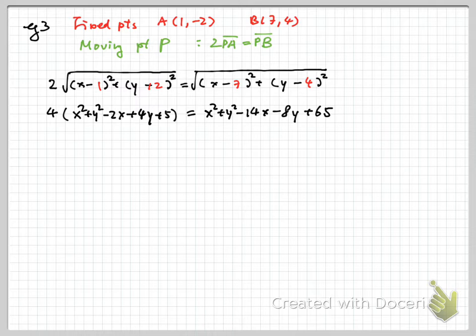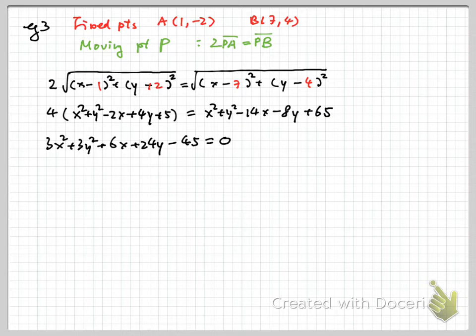The only difference now is this is multiplied by 4. So we can collect all the x squared, y squared terms, etc. So we have 3x squared plus 3y squared plus 6x plus 24y minus 45 equals 0.